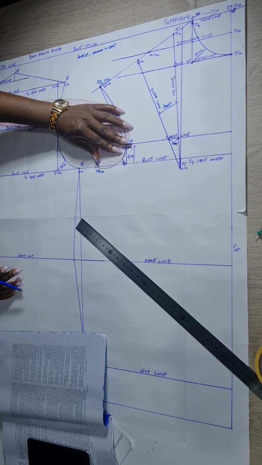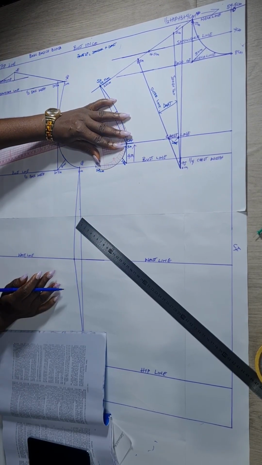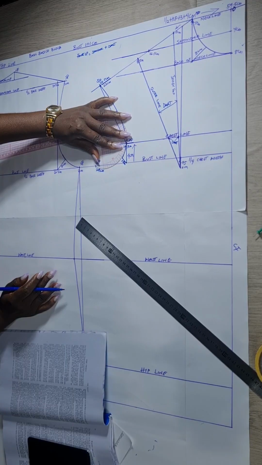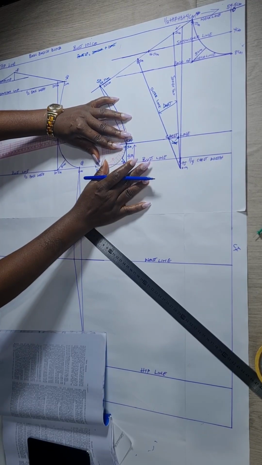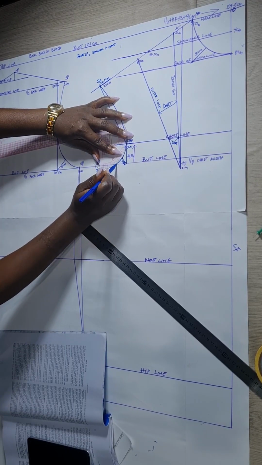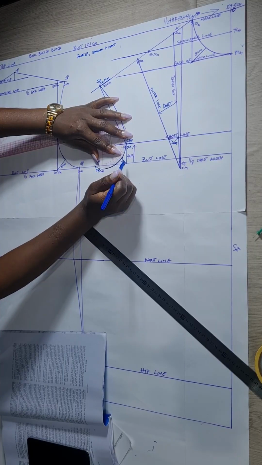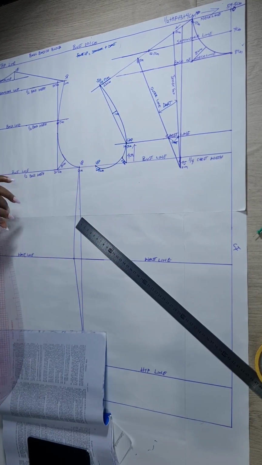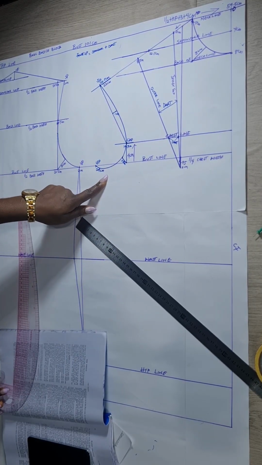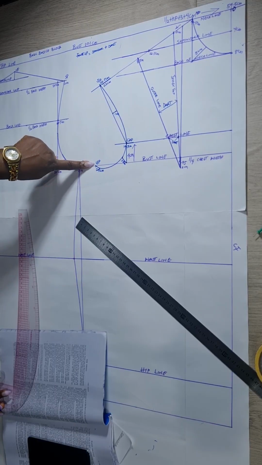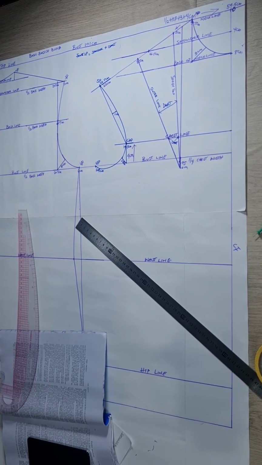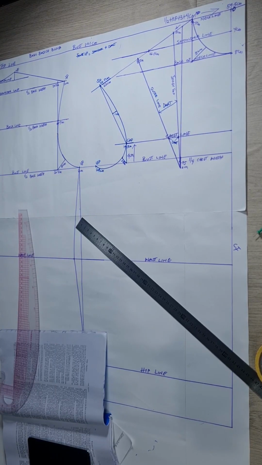Then cut deep slightly below the bust line before reaching the UP. This is my armhole. So this is my front armhole.